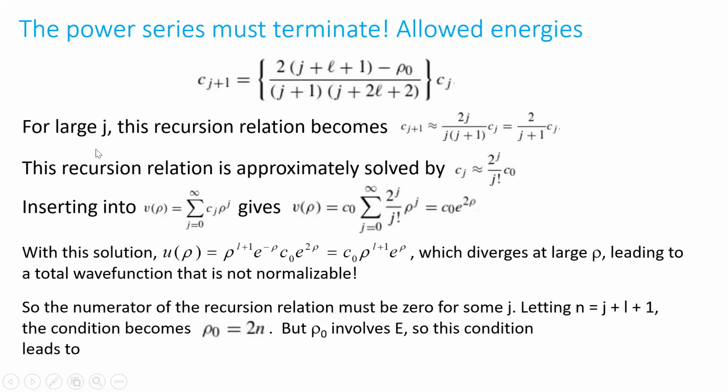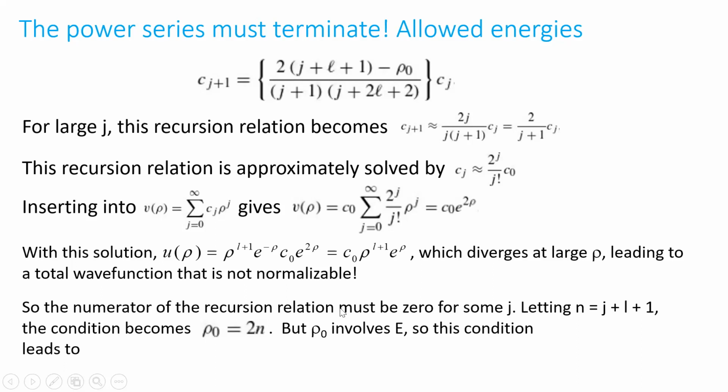So if the power series must terminate, that means at some point the numerator of this recursion relation must be 0, because we must have a finite value at, say, Cj, and Cj plus 1 must be 0 for some j for it to terminate. So that can only happen if the top is 0.